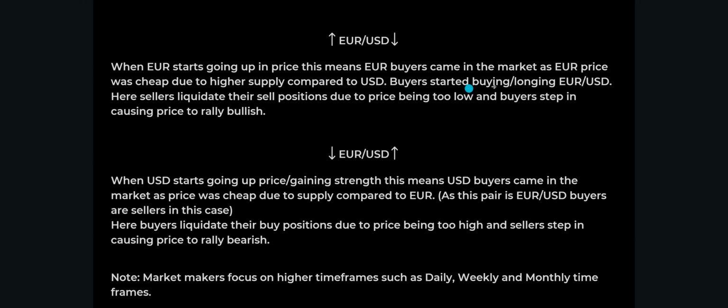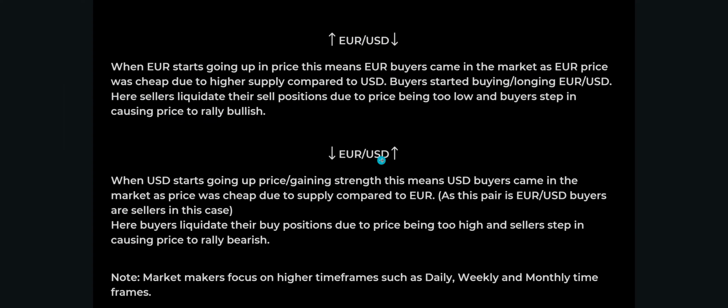So buyers started buying up and longing the Euro US dollar at that point in the market. Therefore, at that exact zone, sellers end up liquidating their positions. The sellers don't see that area as favorable. They end up liquidating their sell positions due to the price being too low, and buyers step in, causing the price to rally bullish.